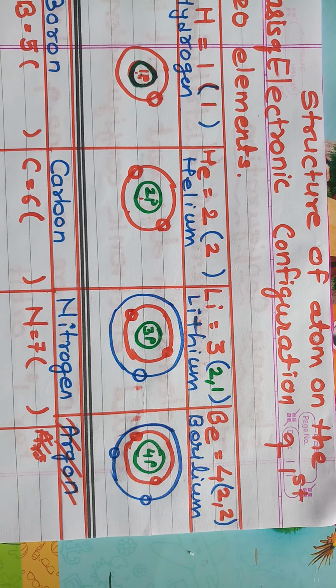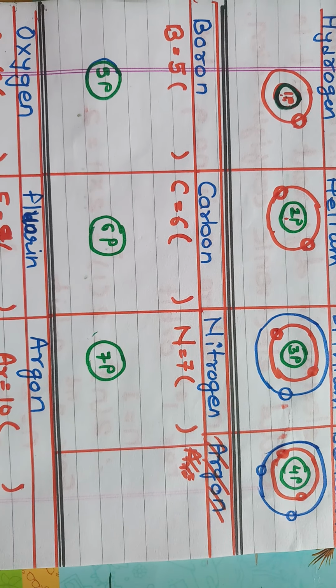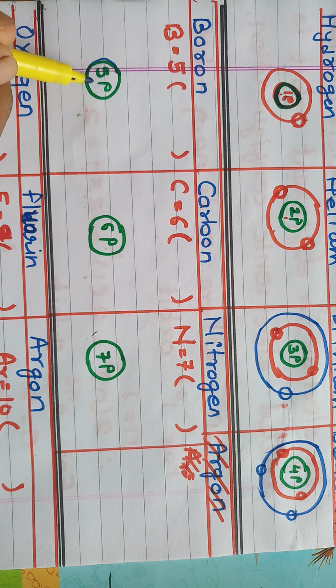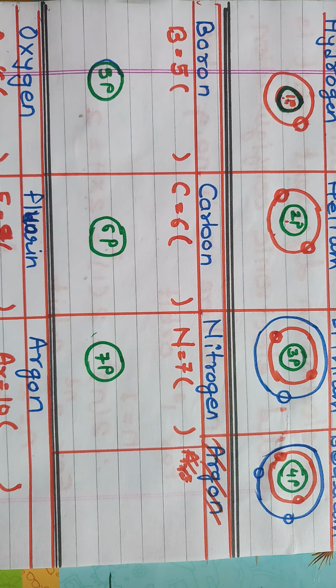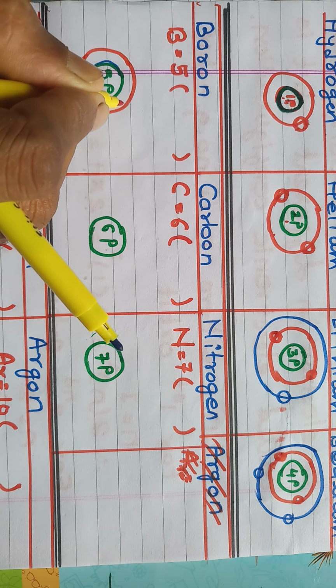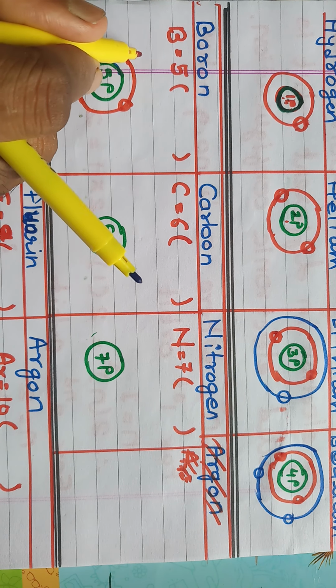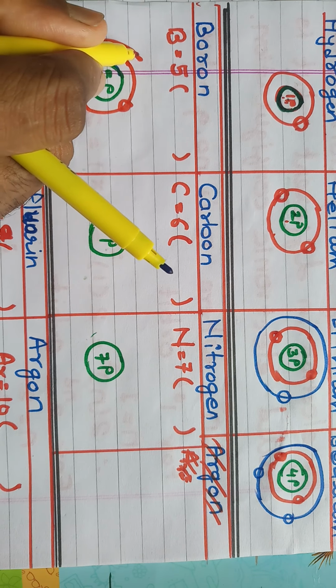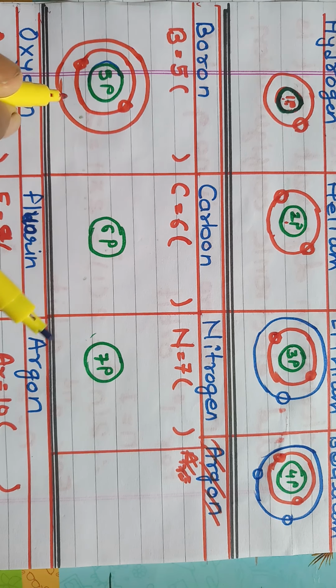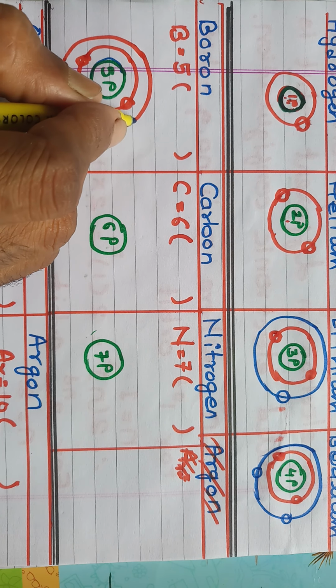Now let's see about boron. Boron has 5 electrons. There are 5 protons in the nucleus, and out of 5, 2 electrons are in the first orbit and the remaining 3 electrons are occupied in the second orbit.